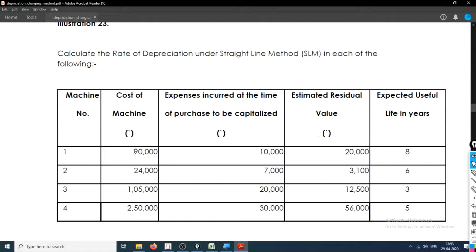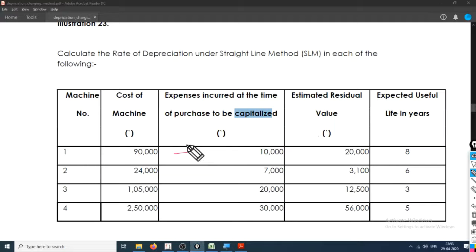The cost of the machine is 90,000. Expenses incurred at the time of purchase are to be capitalized, hence this is a capital expenditure which will be added to the cost of the machine. I'll give you a detailed lecture on what capital and revenue expenses are, but for now you can add this.